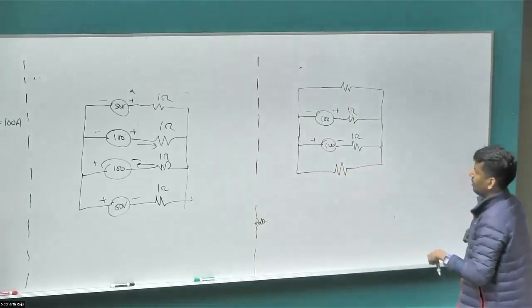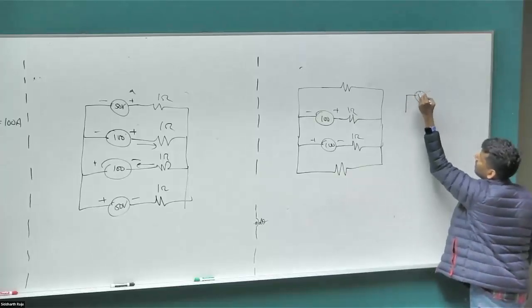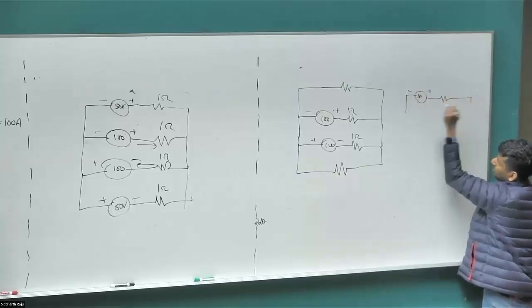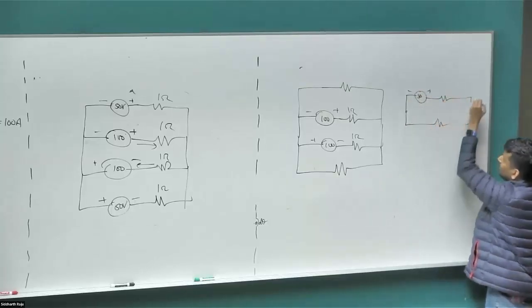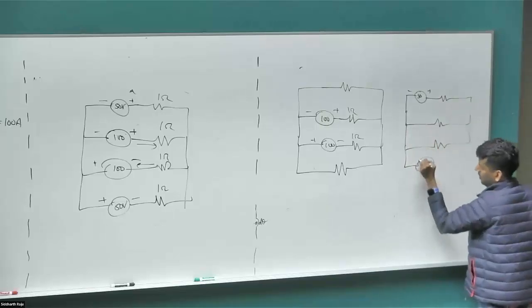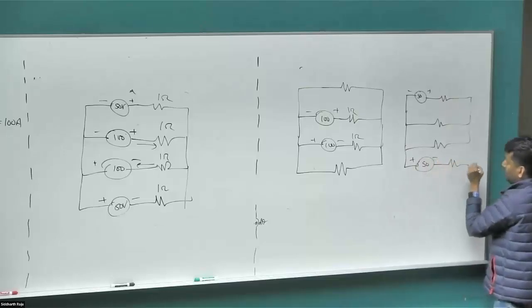And the other network is going to be 50. The middle 2 voltage sources are shorted out, considering the bottom 2 alone.